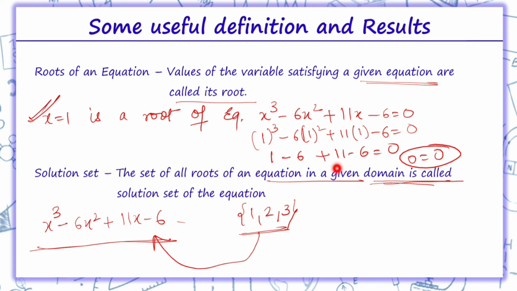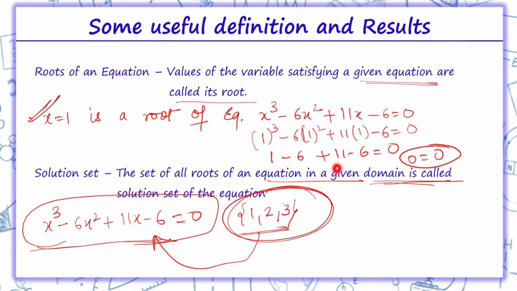When we solve the equation and find its solution set, if we substitute the value 1 over here, we will get 0. If we substitute 2, we will get 0. So in that case 1, 2, 3 is known as the solution set of the equation.